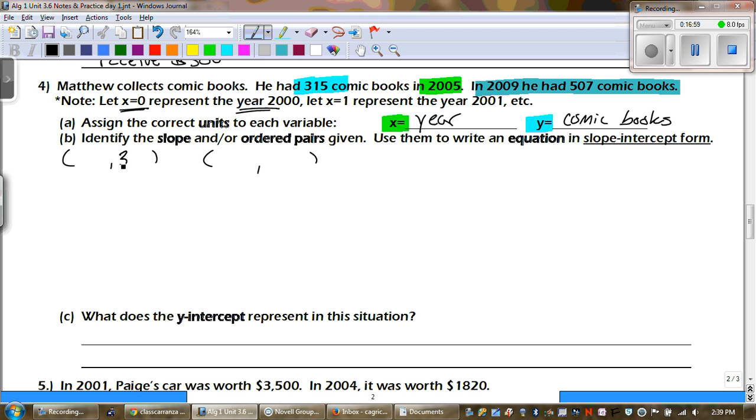Okay, so right away you can be like, well, I know that that's 315, but what the heck am I supposed to write for x? It says x equals 0, 1 is 2001. I got 2005. Mr. Grice, I don't know what's going on. We're doing this so it's a little bit easier for you guys, okay? What we need to do is see how they kind of are like, well, x is 0, right?